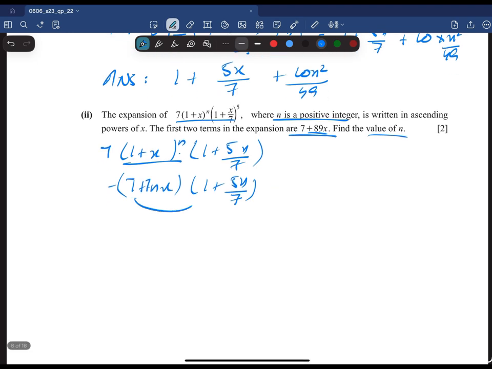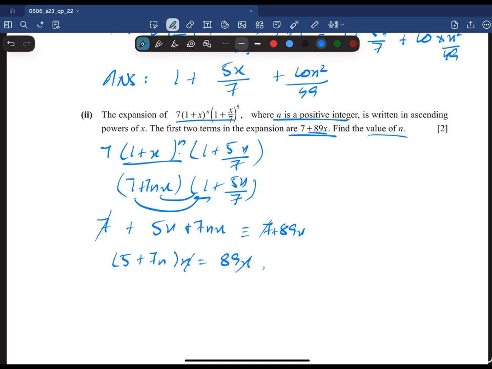So 7 plus 5x, 7 into 5x upon 7, that will be 5x, 7 plus 7nx, and we don't need to multiply with this. Yeah, be identical to 7 plus 89x. So taking x as common, we have (5 + 7n)x being equal to 89x.